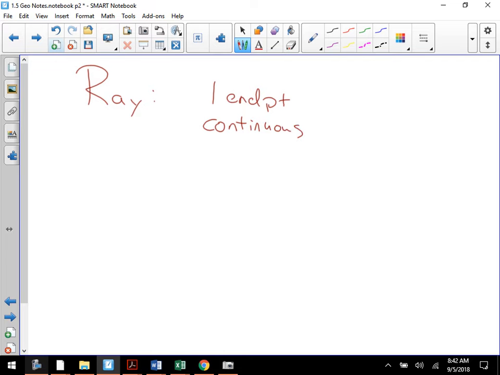Again, endpoint through another point, continuous. And then I would just call that ray AB. Rays are always labeled with the endpoint first. So then we just say AB.